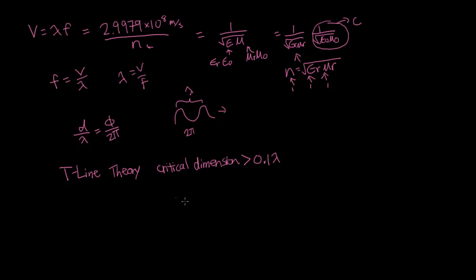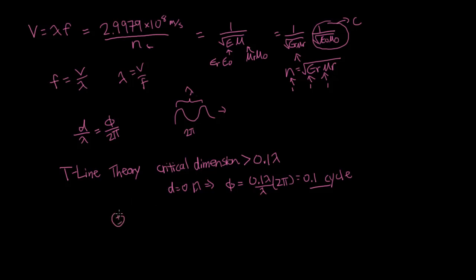So in other words, if d is equal to 0.1 lambda, the amount of phase shift is going to be 0.1 lambda over lambda times 2 pi, which means that going from one side of the wire to the other, 0.1 of a cycle has passed between one end of the wire and the other.